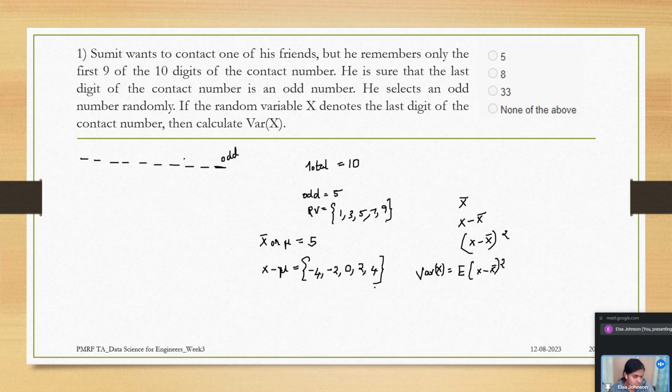Squaring this, it will be 16, 4, 0, 4, 16, and the expectation of x minus mu the whole square will be the sum of these terms. The sum is 40, divided by the total number, which is 5, so the answer will be 8. So the answer here is 8.